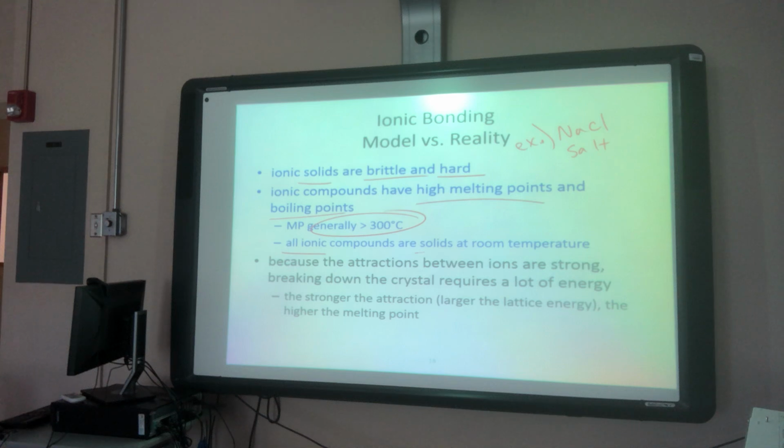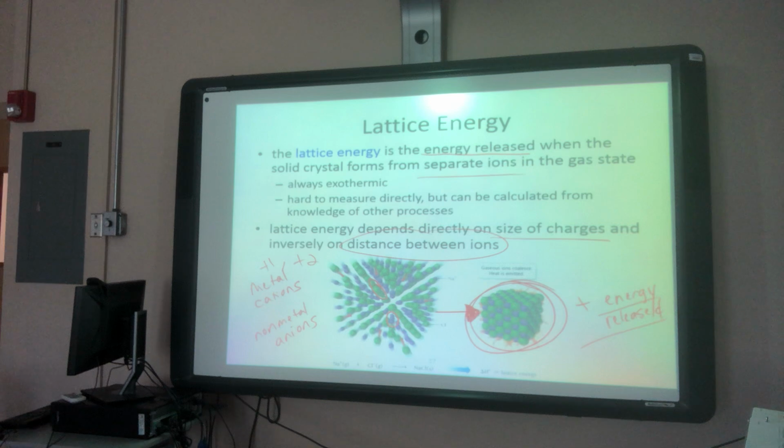All ionic compounds are solids at room temperature, so that's why my block of salt just chills as a solid. The reason the melting point is so high is that if I want to take my ionic solid, my crystal lattice, and melt it, I have to break it apart and make it all crazy.